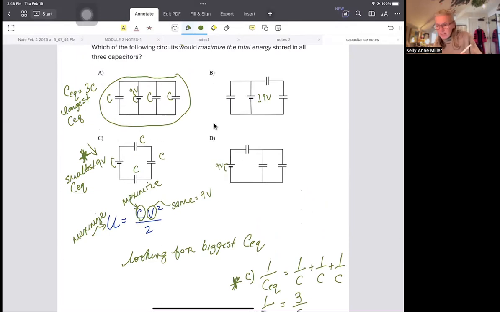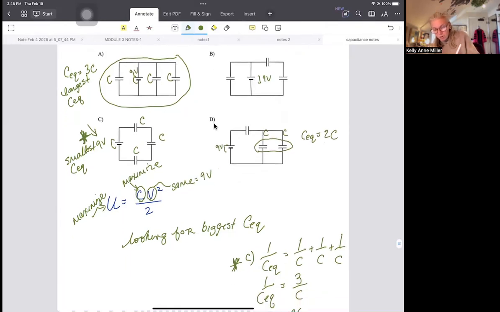Okay, these two here, B and D, they have a combo deal, right? We're going to do this in much more detail next week, but to add up the equivalent capacitance for configuration B and configuration D, you'd have to do it in 2 steps. You would say, okay, the equivalent capacitance of just these two is equal to 2C.